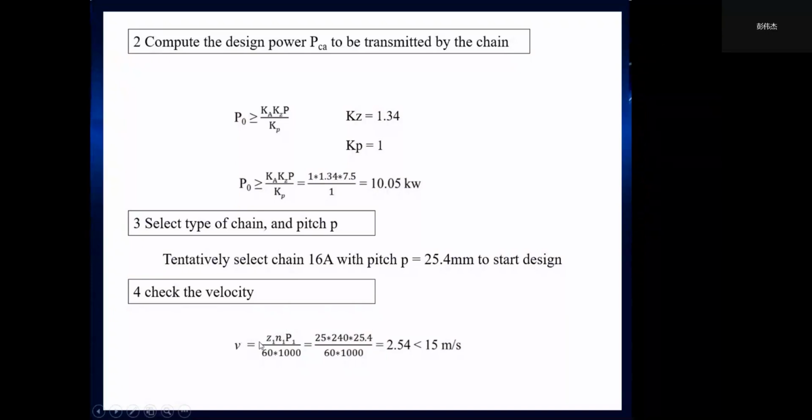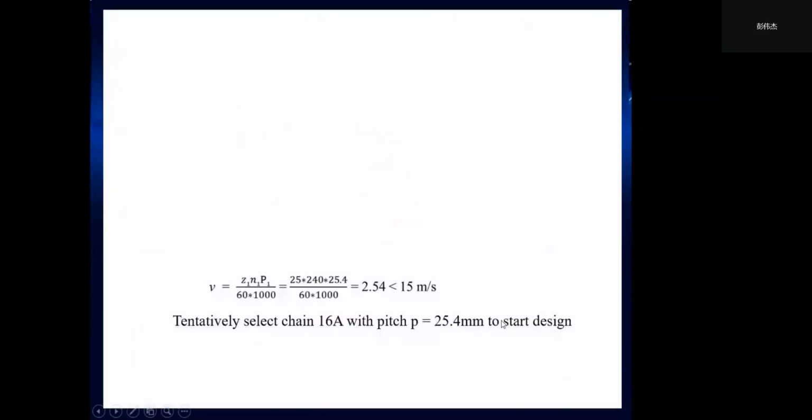So the calculated velocity v is 2.4, which is less than 15 meters per second. So the velocity is acceptable, and the choice of Z and P is acceptable.